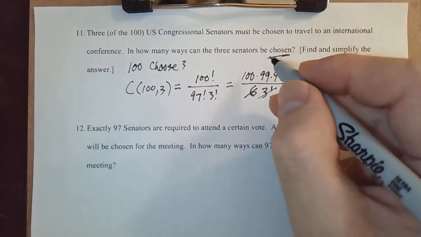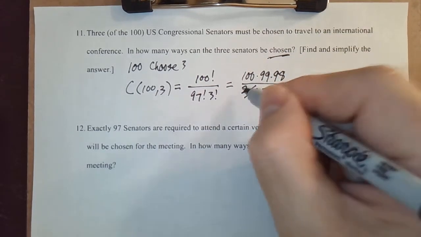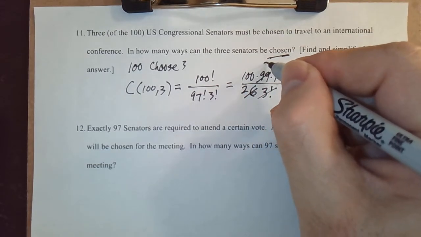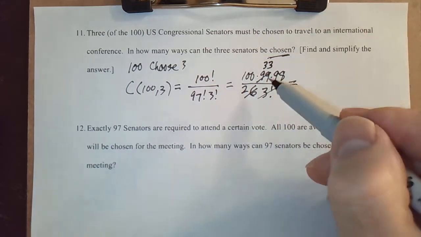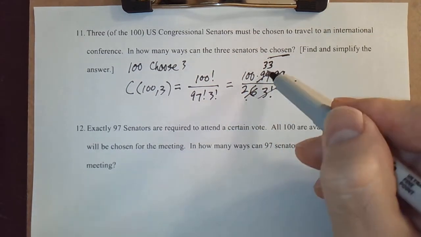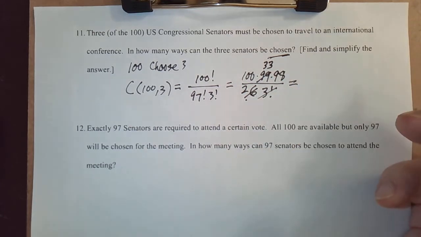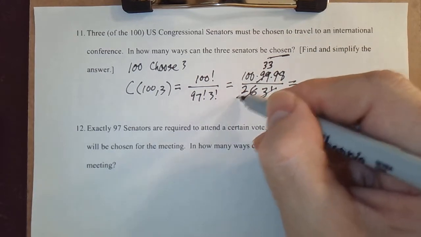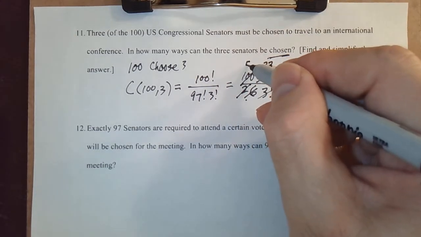Why not? I'm going to divide it by 3 and make it a 2. Divide that by 3 and make it a 33. So 99 over 6. I divided them both by 3, giving me 33 over 2. And then I could cancel the 2 with either the 98 or the 100. I'll cancel it with the 100 and make it a 50.